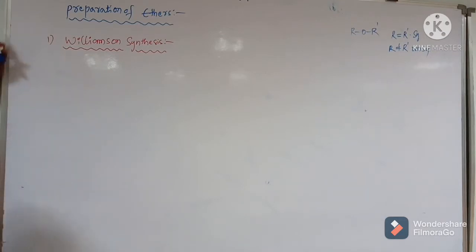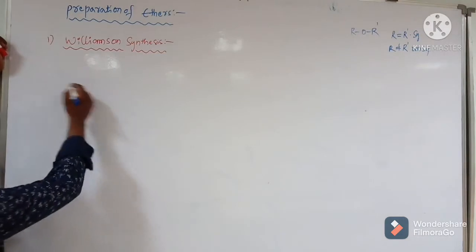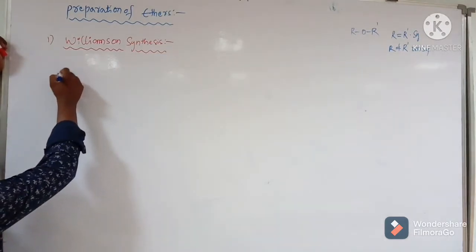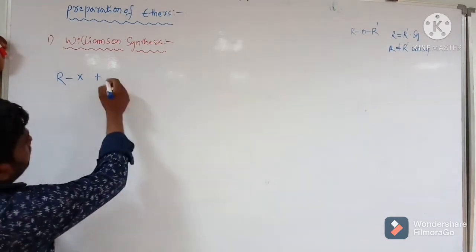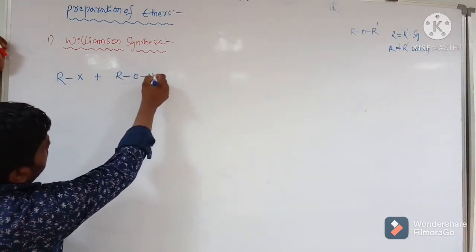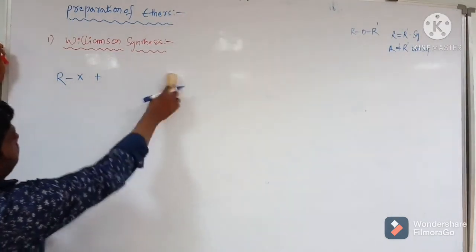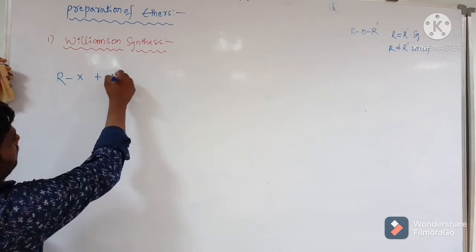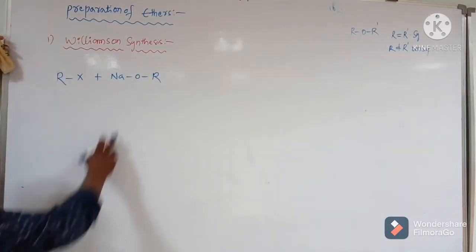So in this Williamson synthesis, what are the reactants? Reactants are alkyl halide and sodium alkoxide, RONa. For convenience, I will write it like this: NaOR.